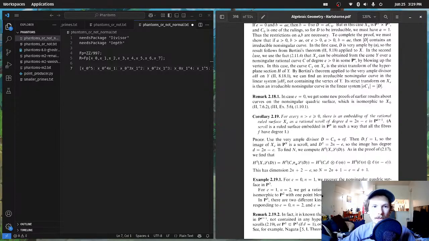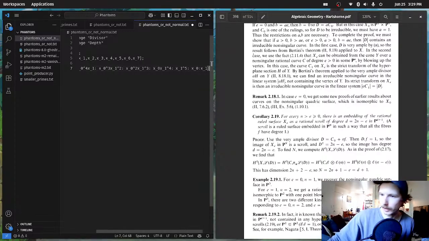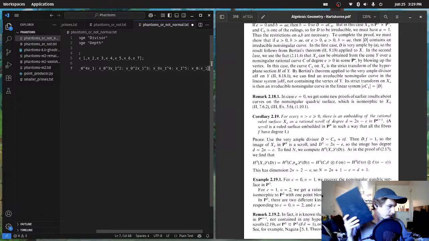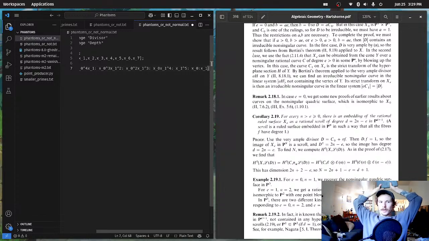I don't think that in any way is this embedding related to the P1 times P2. You can't get it through some sequence of... you could maybe get it through some combination of embeddings like this and projections, but okay.